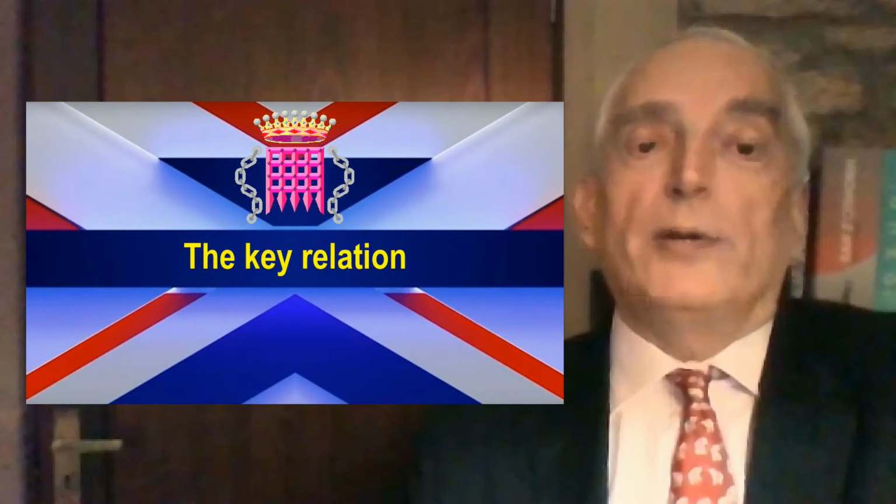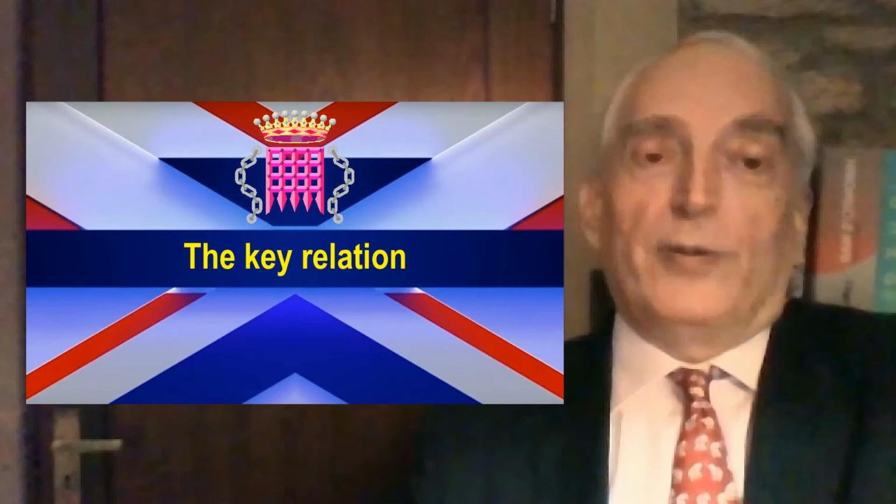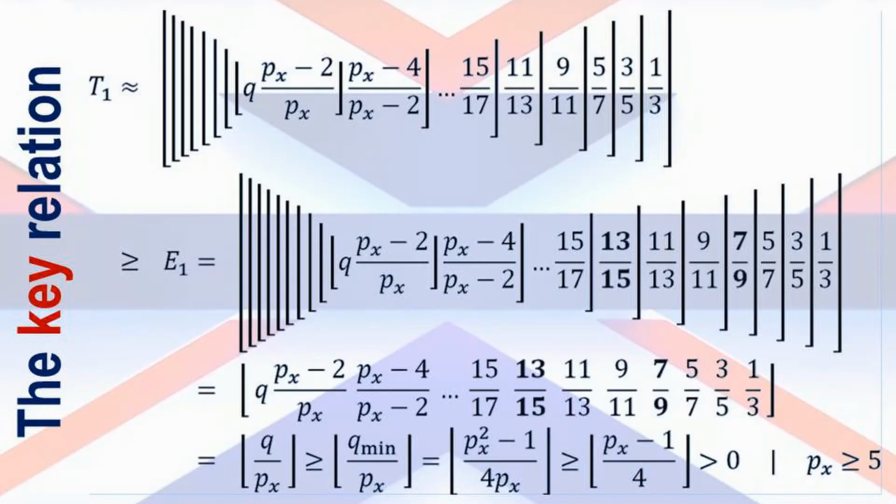Now I'm going to start the proof in earnest with what I'll call the key relation. Now this looks terrifying at first sight, but it's actually rather simple. We start with the true quantity of surviving partitions after all sifting stages, and they'll all be Goldbach partitions by lemma 1.